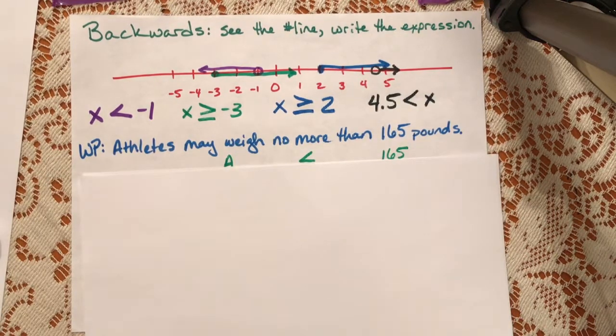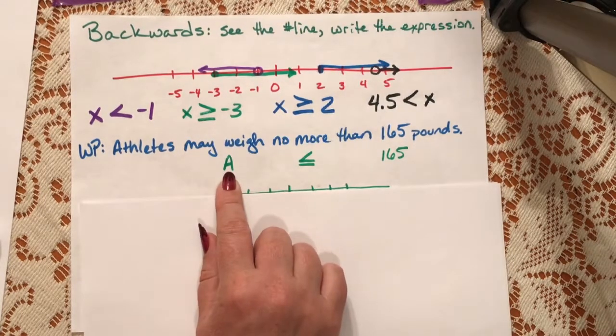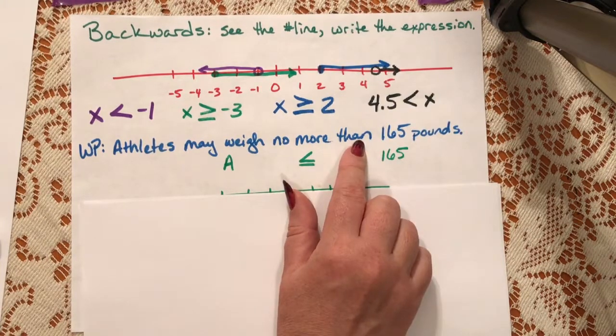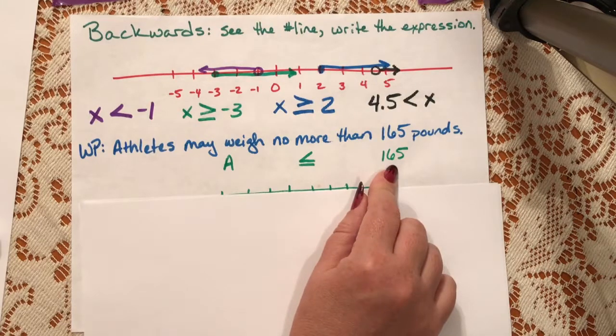You have a word problem on page 172 that talks about the lightweight crew team can weigh no more than 165 pounds each. How do you put that into words? Well, I've chosen A for athlete, and they can be no more than, which means they have to be less than or equal to 165 pounds.